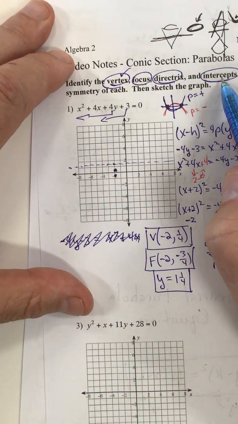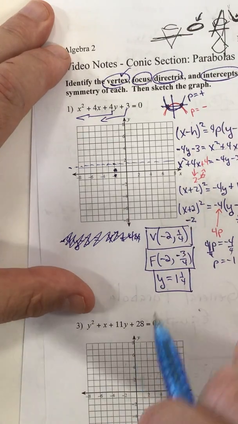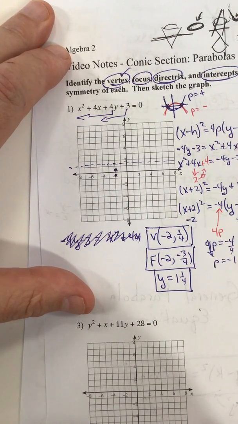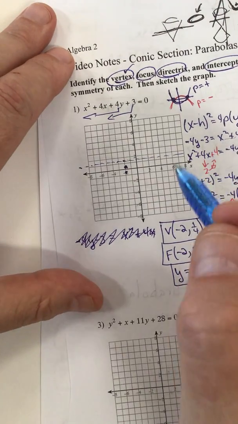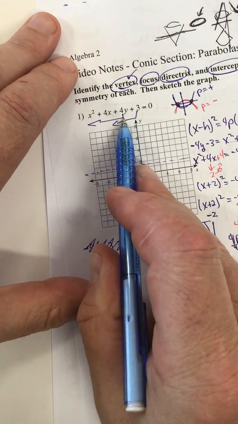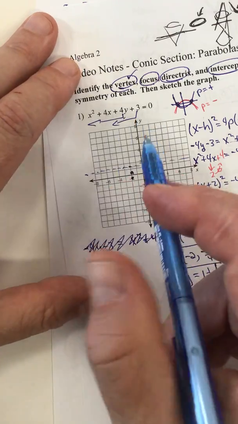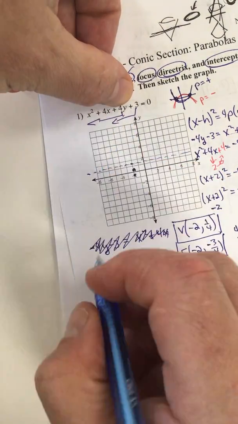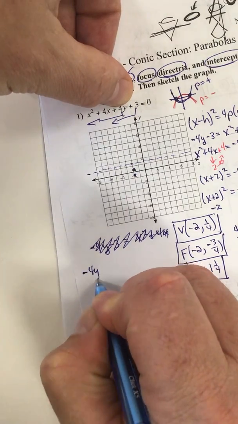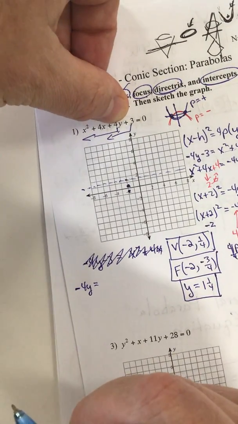Okay, and then I need the intercepts. Well, let's see. We have a couple ways that we could do this. I'm just going to go back to the original equation and solve it for y. So on the original equation, if I move the 4y to the other side, it would have been a negative 4y equals.